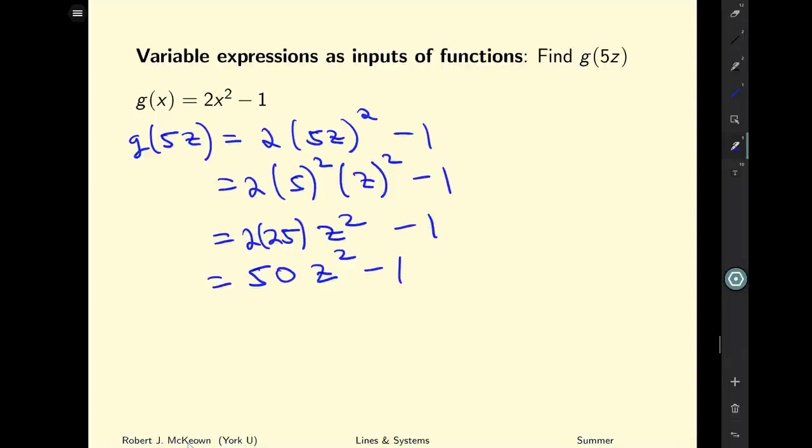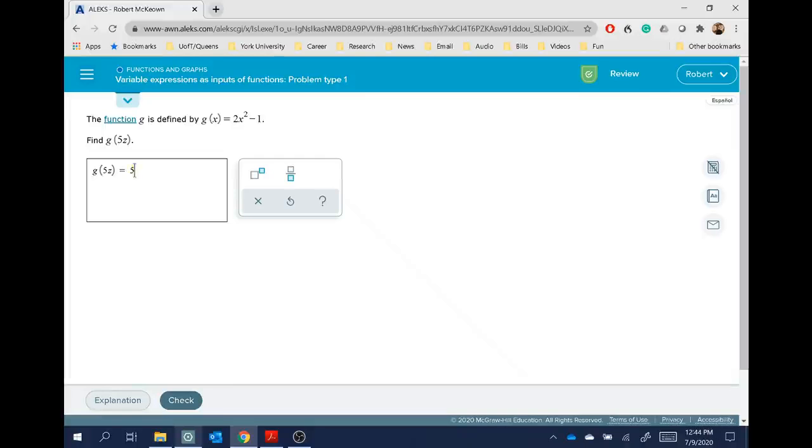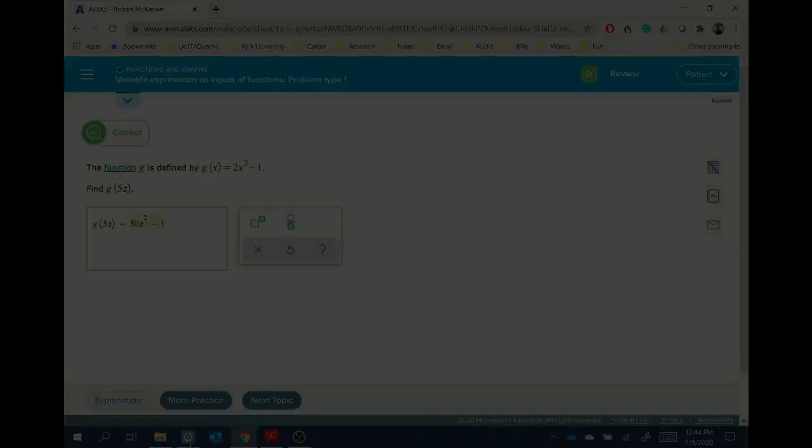Plug it in. Everywhere there's an x, you're going to plug in a 5z. Now I've entered our answer on ALEKS, and I'm going to click the check button, and we got the correct answer.